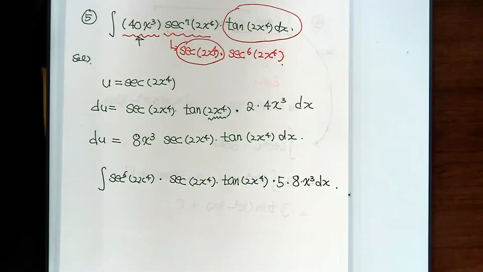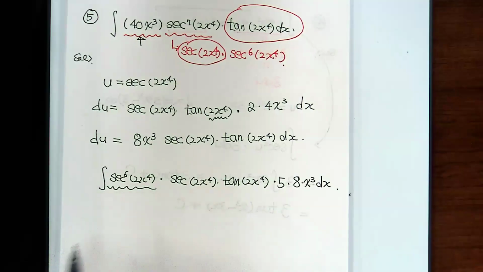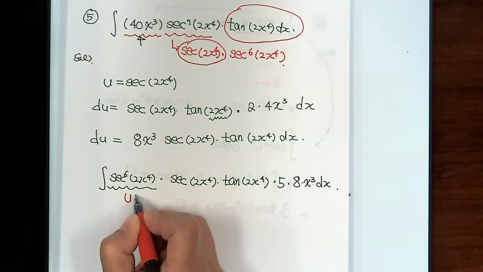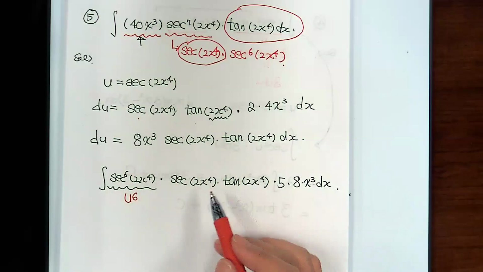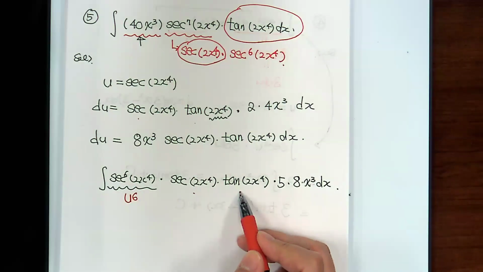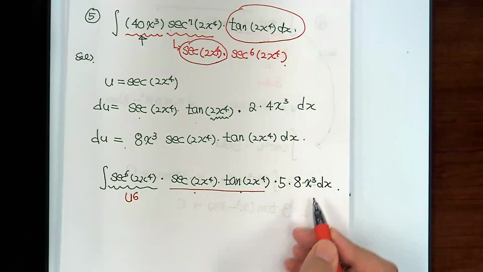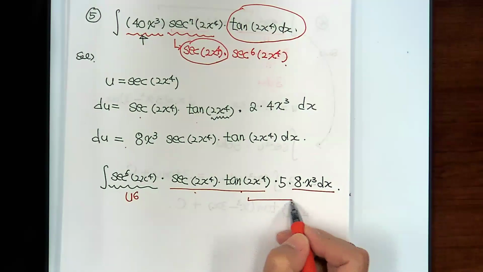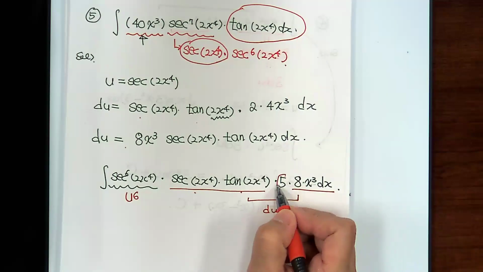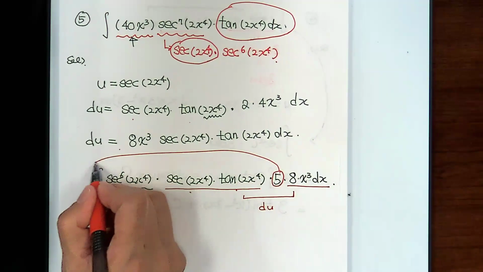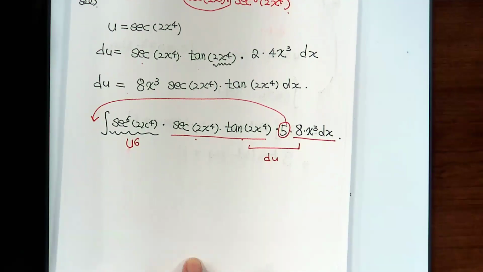So what we want to think about is that this part will be u to the sixth power. And I said secant, tangent, and 8x cubed, so this part all together will be du. And this 5 is a number, so I will write it in front of the integration.